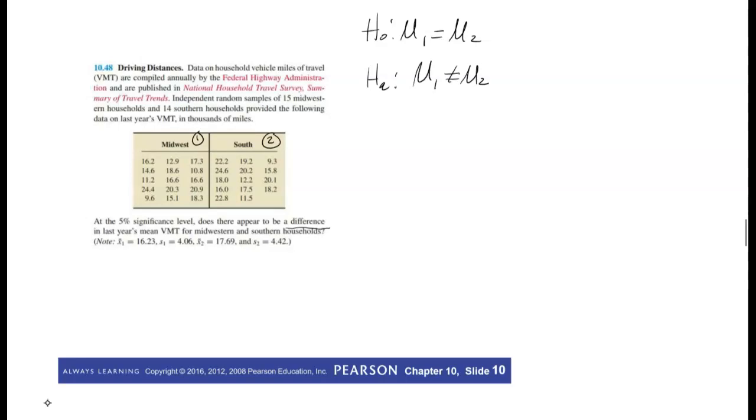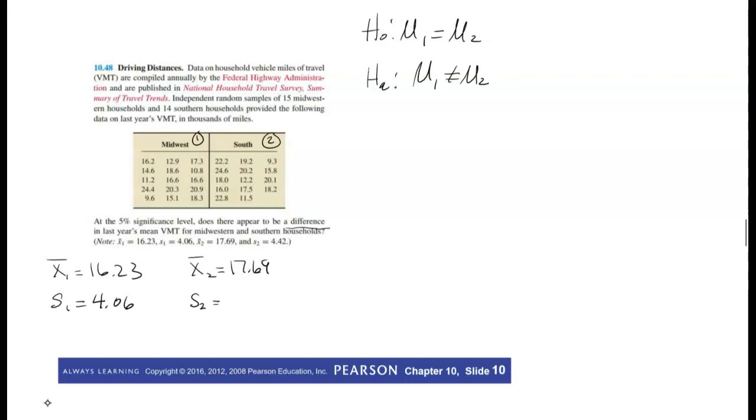So let's get the information down. I'm going to jot down the information over here underneath the problem. It's given to us. We don't need to plug it into a calculator to get it. So the mean of population 1 is 16.23. The standard deviation is 4.06. The mean of population 2 is 17.69.